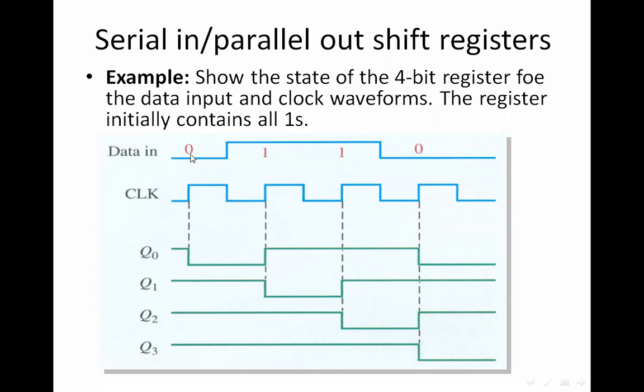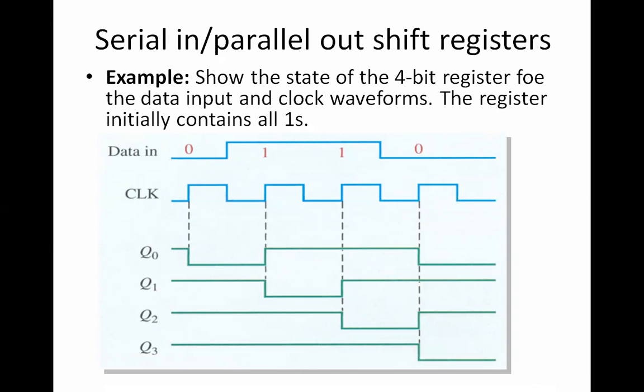So 0 would appear at Q0. And then for my next 1, 1, this is 0, so shifted by 1 clock pulse. Shift the data by 1 clock pulse.